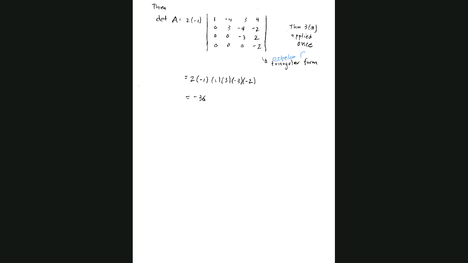And to finish off, to compute the determinant of that 4 by 4 matrix, what do we have to do? Is it easy to compute the determinant of this 4 by 4 matrix? Yes. How would we do it?